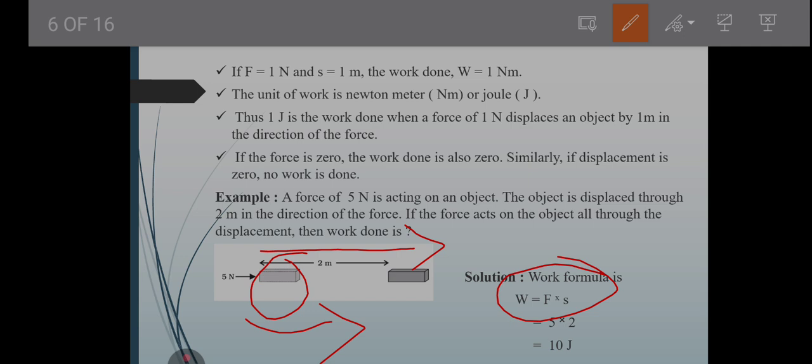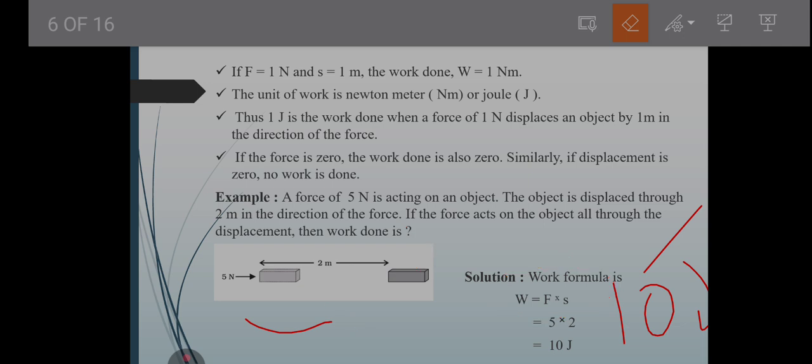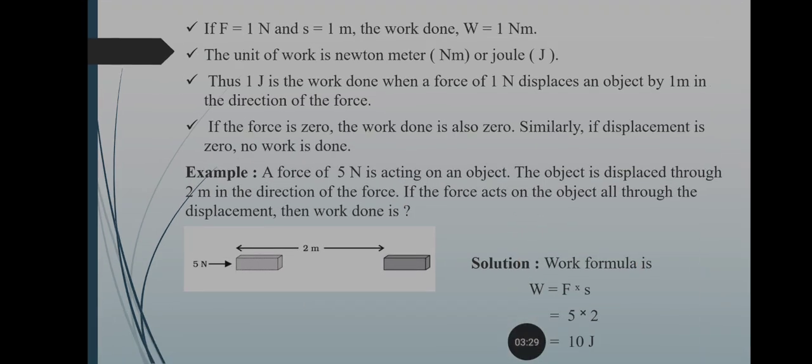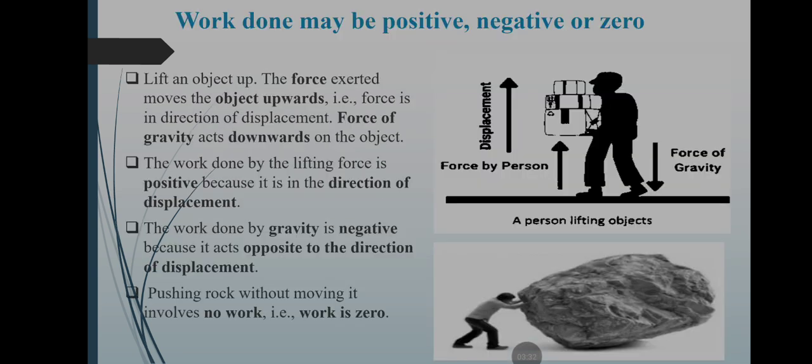After filling in the values in this formula, 5 into 2 is 10 joule. Then the work done on this object is 10 joule. This is the one example.